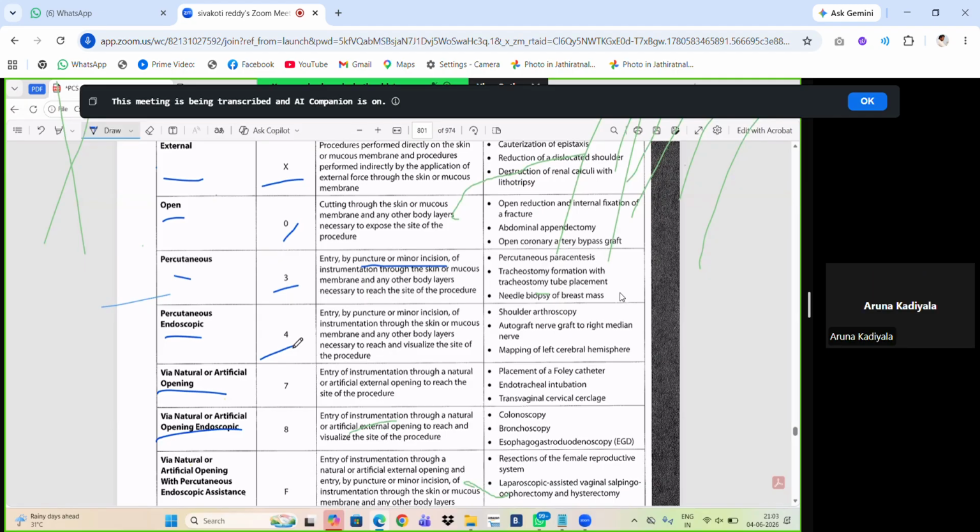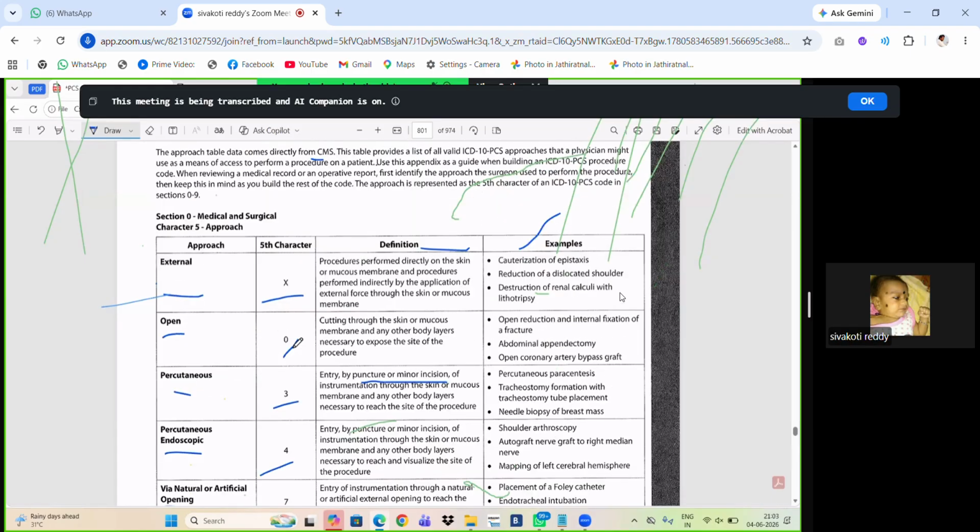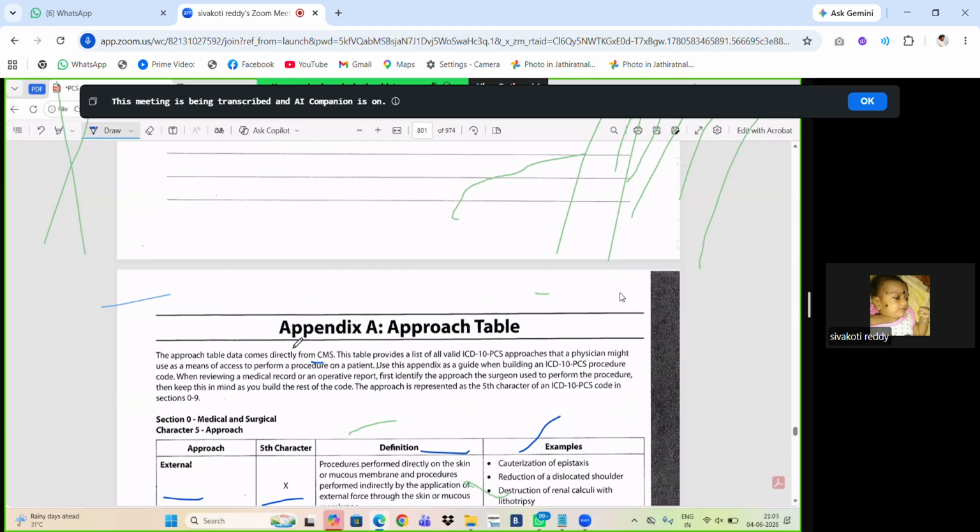Can you repeat again, please, sir? Laparoscopy, arthroscopy, thoracoscopy. Yes, sir.